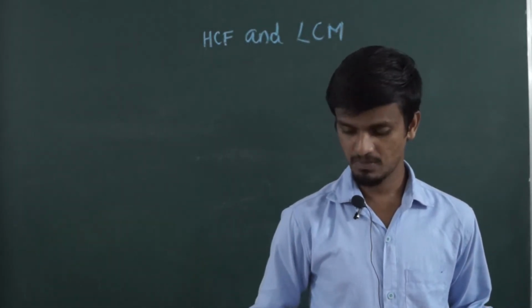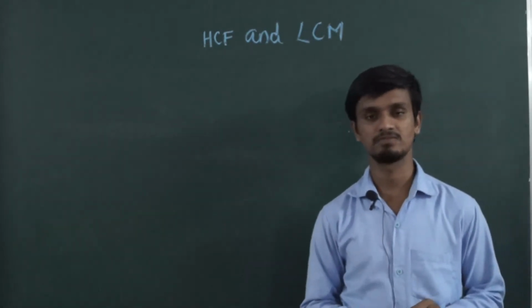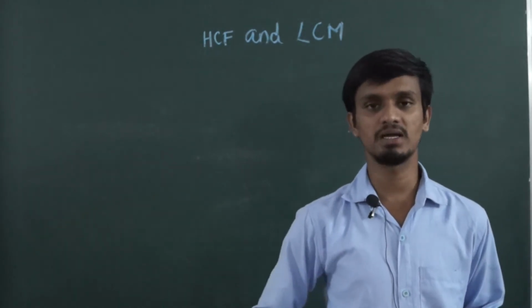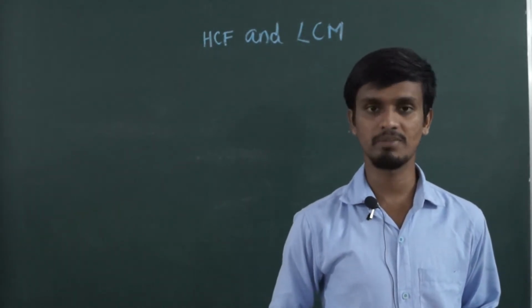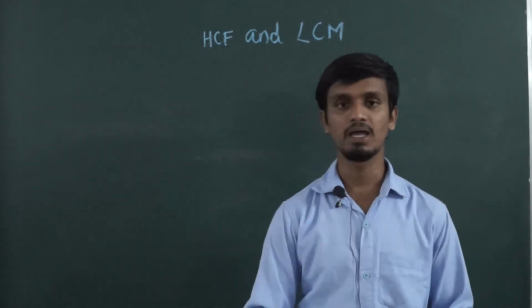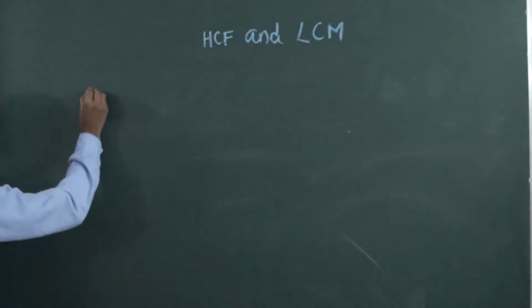Next, more methods of finding HCF, the highest common factor. Still some more methods are there to find the highest common factor. The first method is finding HCF by prime factorization.